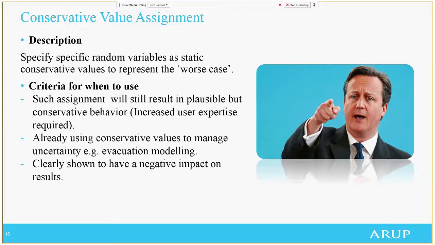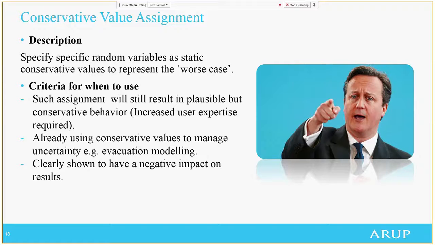This is particularly a method that could be employed within evacuation models, and it works on the premise that instead of using a random distribution of something, you assign everyone the worst value from that distribution. If the results still pass your acceptance criteria with the worst case values assigned, then you can say, well, I don't need to run any more repeat simulations because I know it works for the worst case.